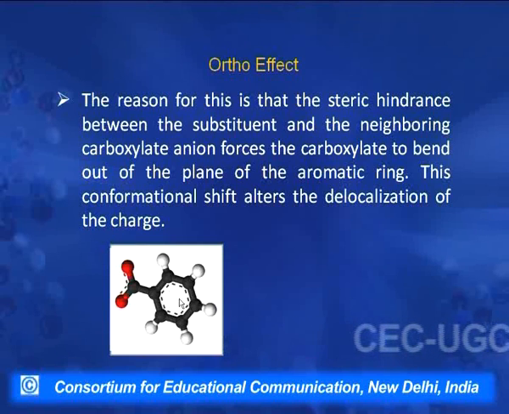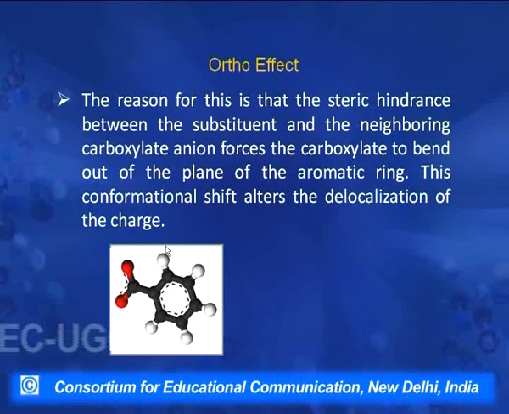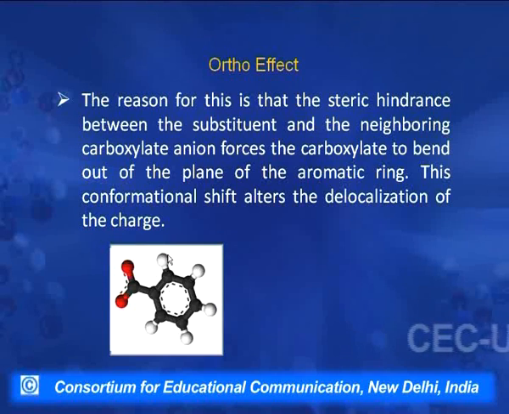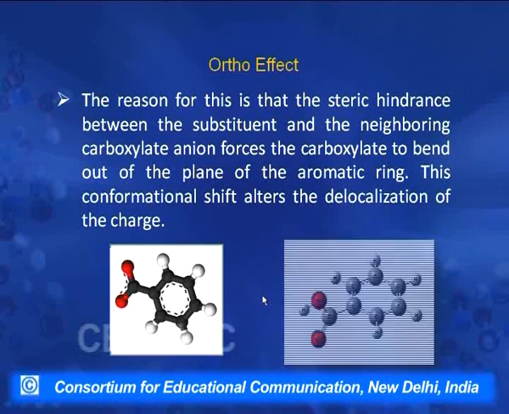And actually it has been observed that when any group comes at the ortho position in place of these hydrogens, then due to the repulsion between this group and the oxygen of the carboxylate anion, the group takes a turn and does not remain in the plane of the ring, it rather goes into a plane which is perpendicular to this ring.